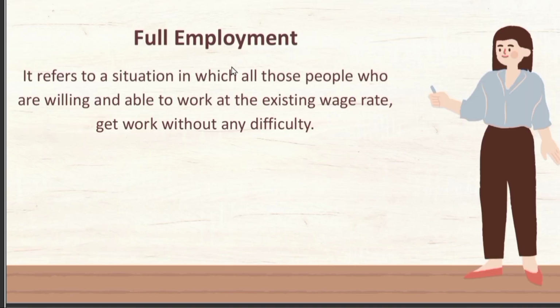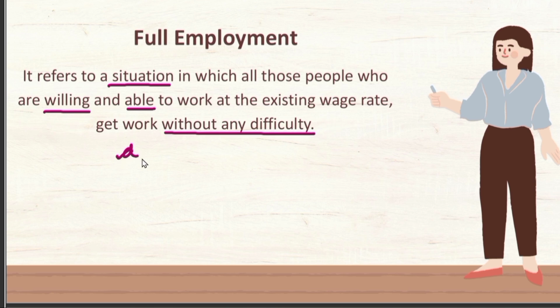So let's just proceed. Full employment refers to a situation in which all those people who are willing and able to work, able means they are physically and mentally fit to work, at the existing wage rate, they get work without any difficulty.